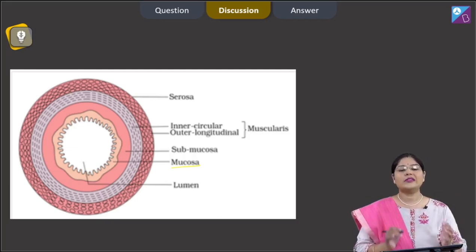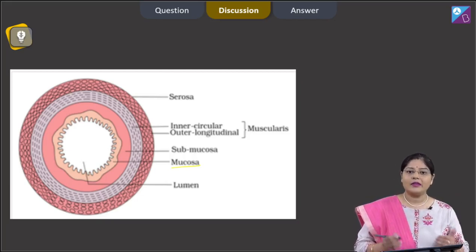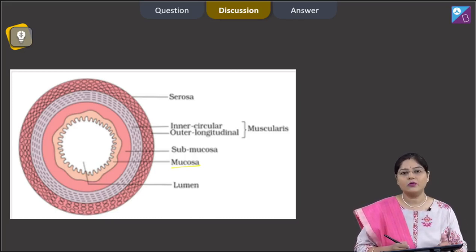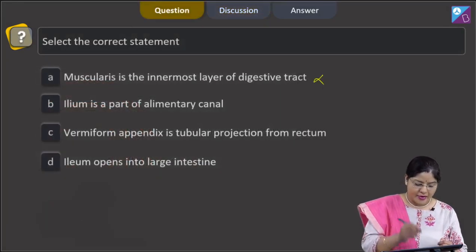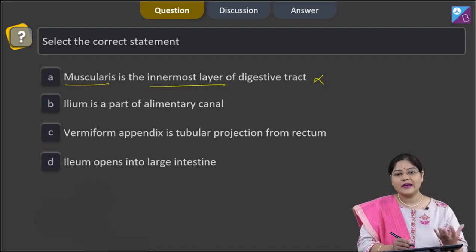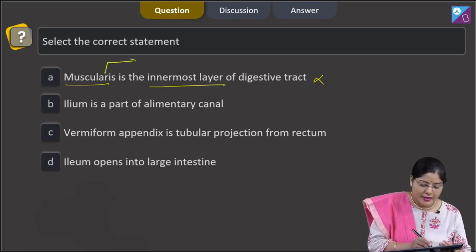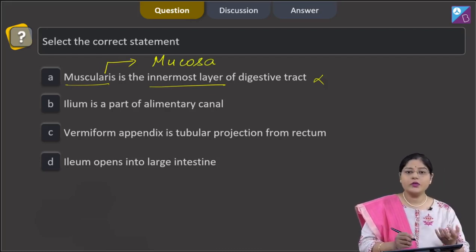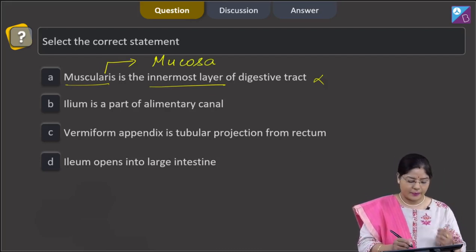So, the outermost layer is serosa, then inner to serosa is muscularis, followed by submucosa, and innermost is the mucosa. And here what is written? Muscularis is the innermost layer. So, this is incorrect because the innermost layer is mucosa and the outermost layer is serosa.